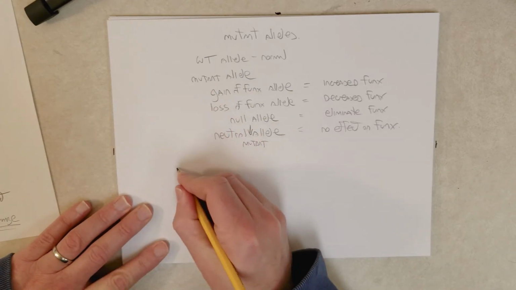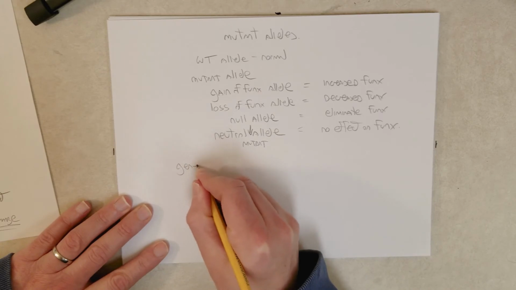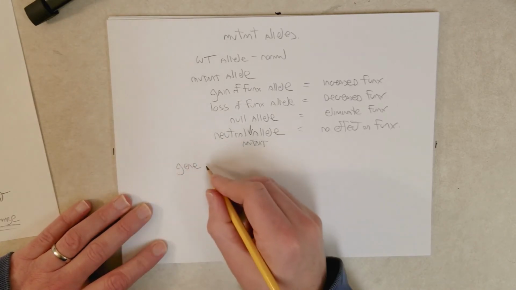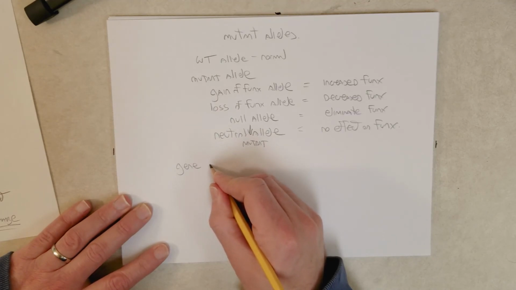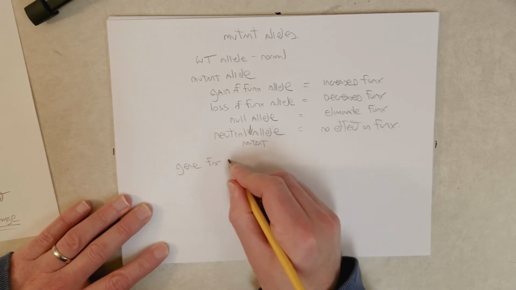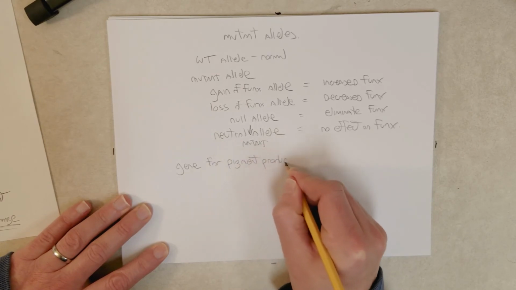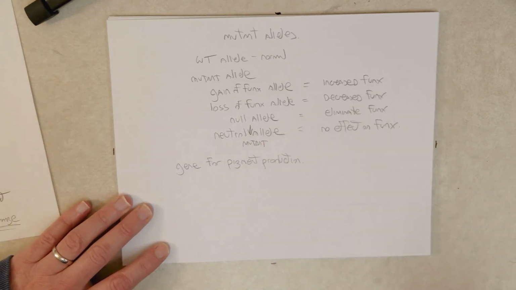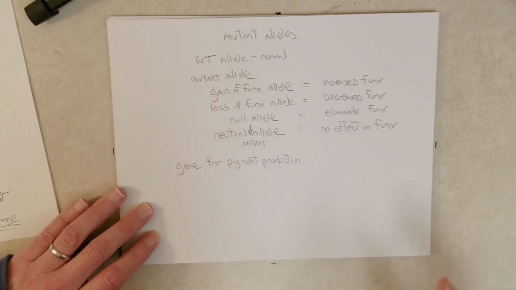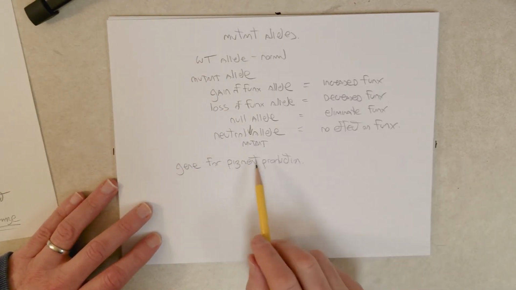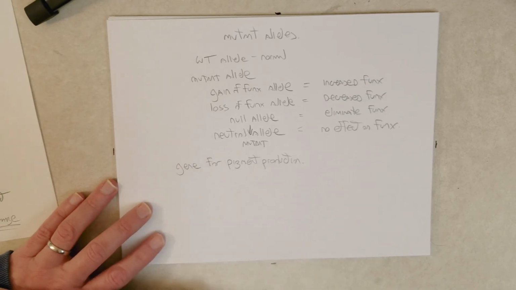Let's have an example here. We'll see a lot of this moving forward in the next couple of videos. So let's say we have a gene that is involved in pigment production. It could be a pigment for body color, fruit color, fur color, some sort of pigment that adds color to an organism.